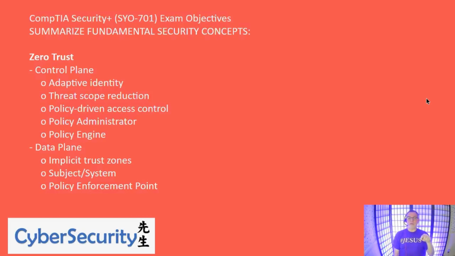Now look, you need to know the control plane, you need to know the data plane, you need to know everything within those and how they're driven and what the various objects are and how they interact. Okay, so zero trust is absolutely going to be in your 701 Security Plus exam. Absolutely. It is way too much of a headlines sort of thing.